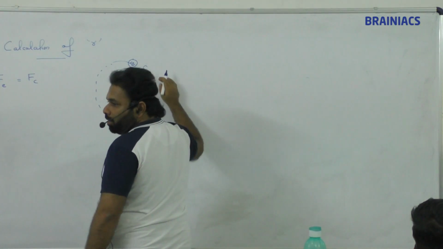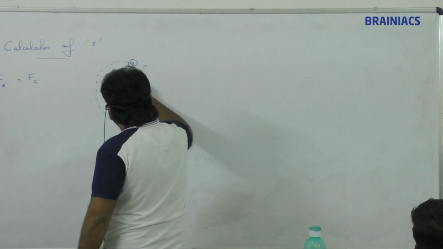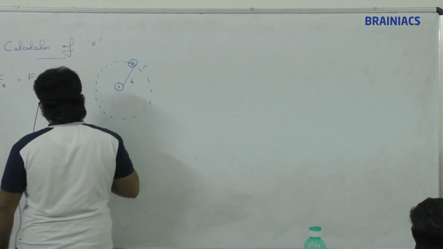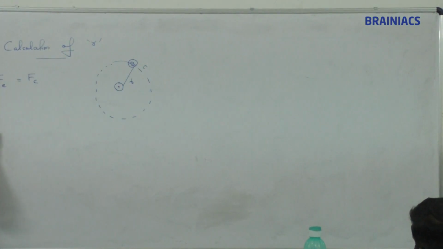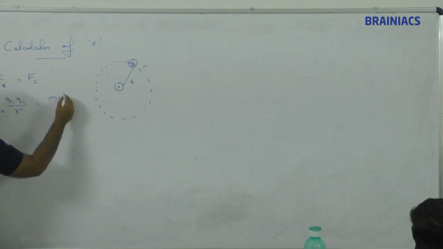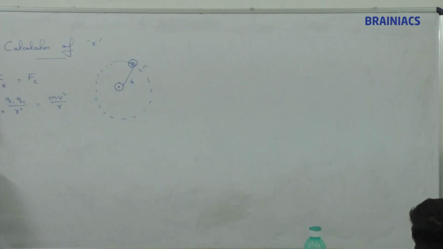Suppose this is the nucleus and this is the electron, moving in the nth orbit, and this distance is the radius.